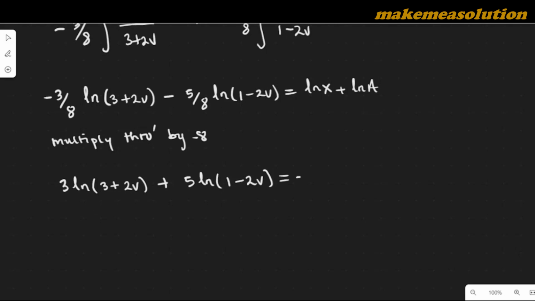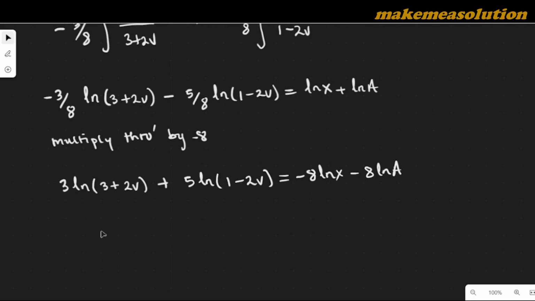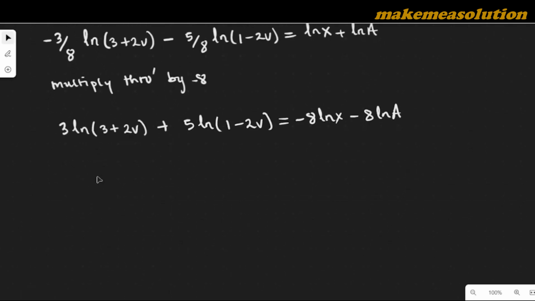So this will be negative 8 ln x, negative 8 ln A. So I'll show you just how well we can manipulate our arbitrary constants. We can manipulate them anyhow we want. Okay, it doesn't really matter much.